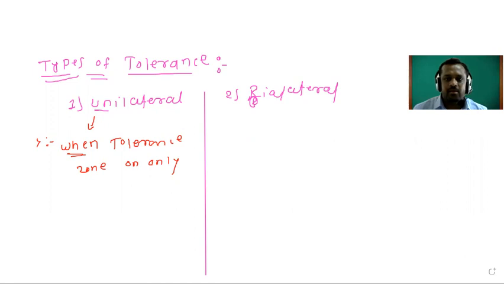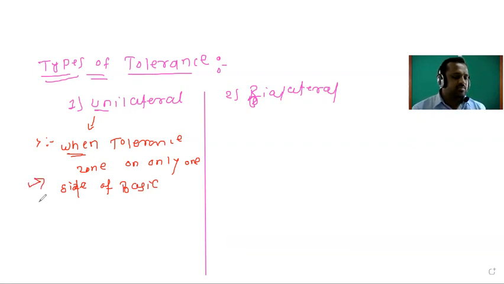When we are showing the tolerance zone of the part on only one side of the basic size, it is called the unilateral tolerance.